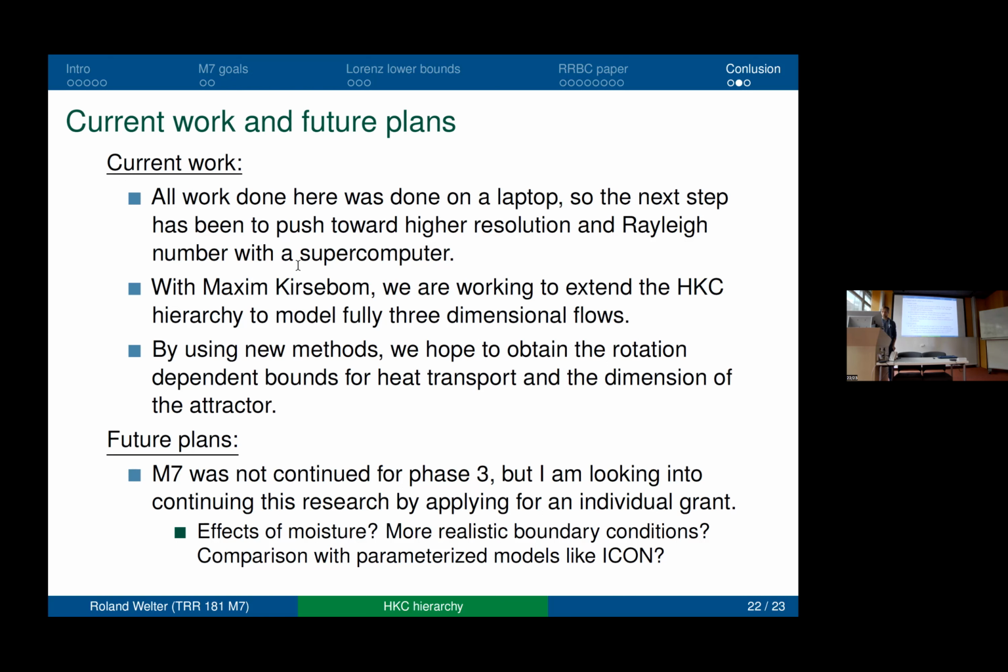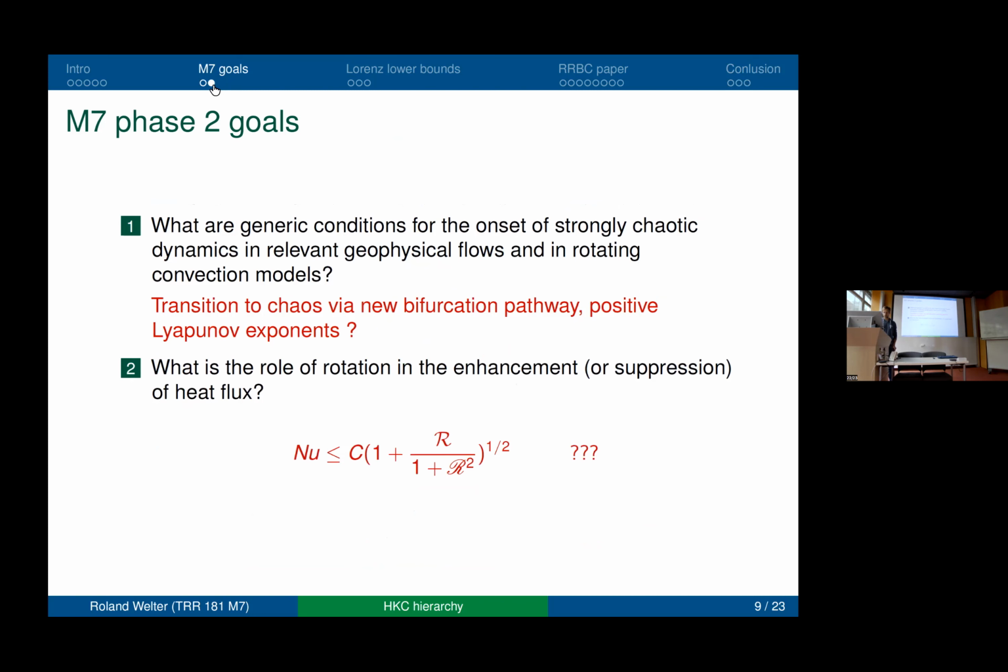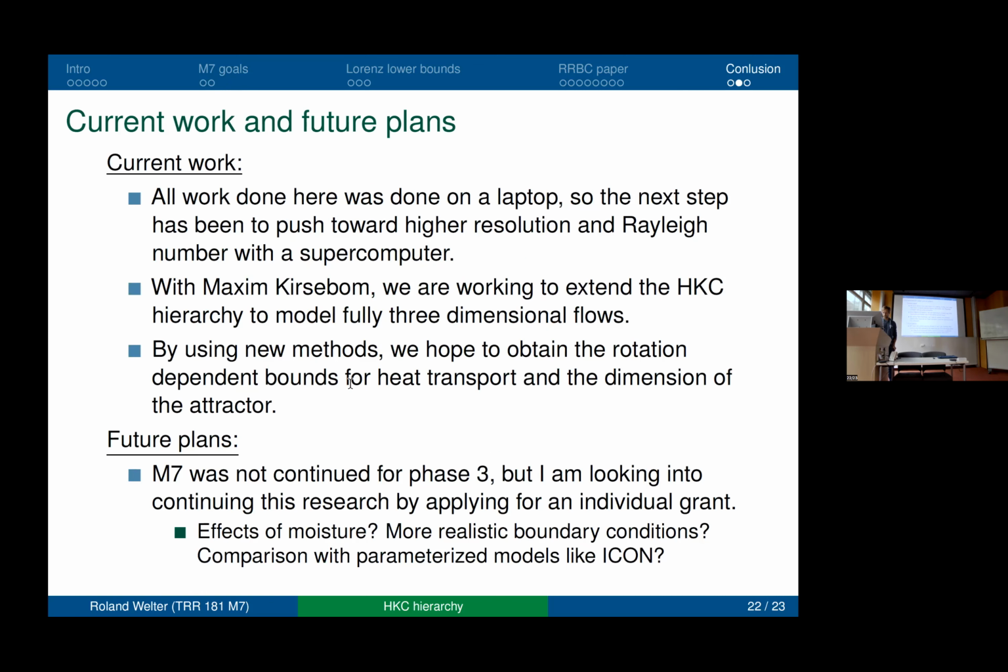With Maxime, we're working to extend this hierarchy to fully three-dimensional flows. And by using new methods, we might be able to obtain this heat transport bound I mentioned, and also a sharper bound on the Hausdorff dimension.